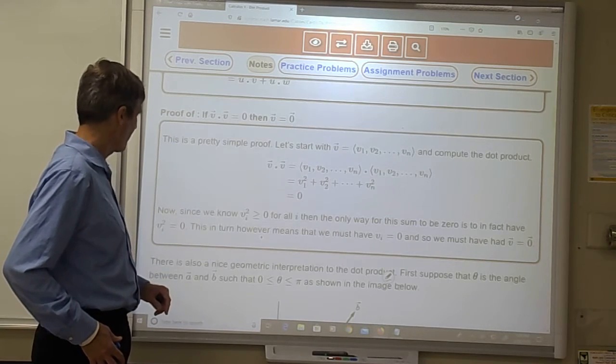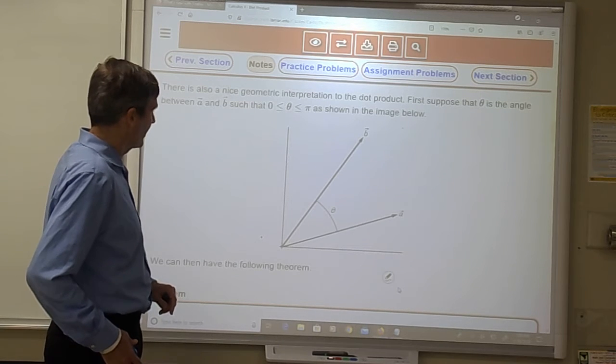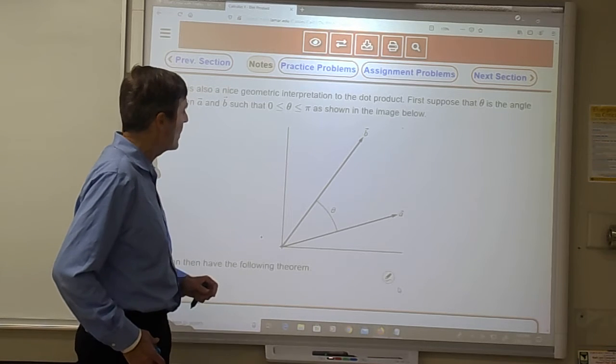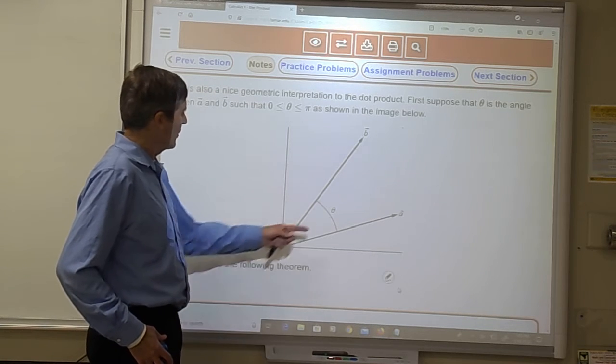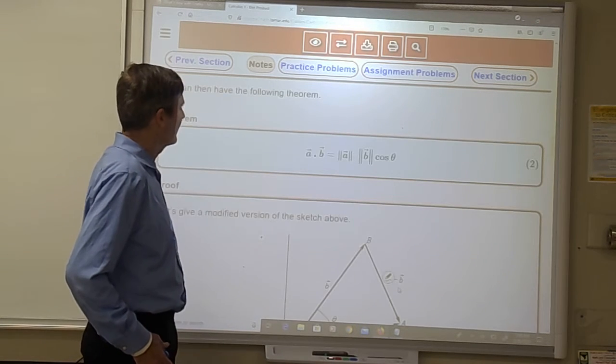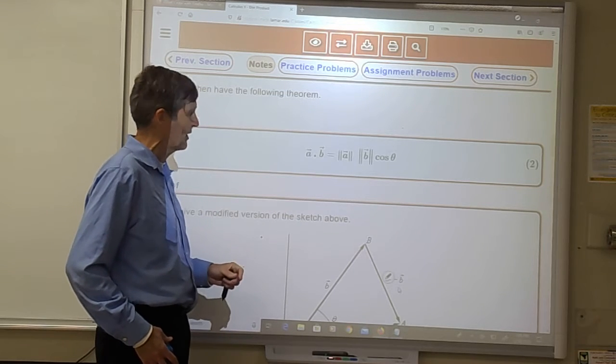Let's look at this then. There's also a wonderful geometric interpretation to the dot product, as he points out here. Suppose you take an angle theta between two vectors. You have the following theorem, which, again, I'll omit the proof. It's in a lot of trigonometry books, not just here.